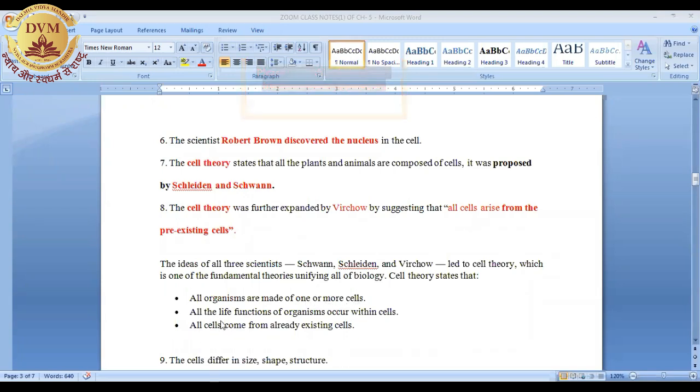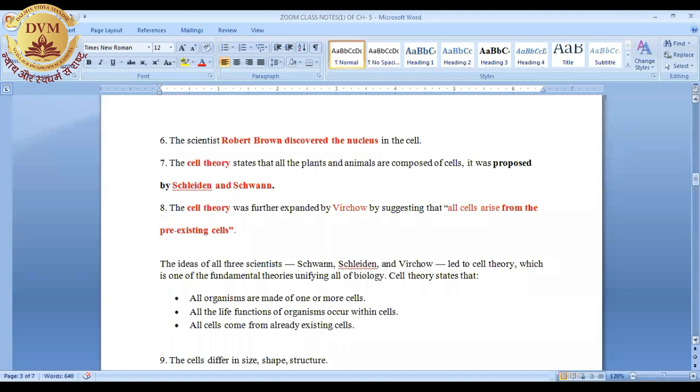Next, all the life functions of organisms occur within cells. What does it mean? It means all the functions of your body are performed by the cells, right? All cells come from already existing cells. It means the cells which are already present will divide to make the new cells, right?